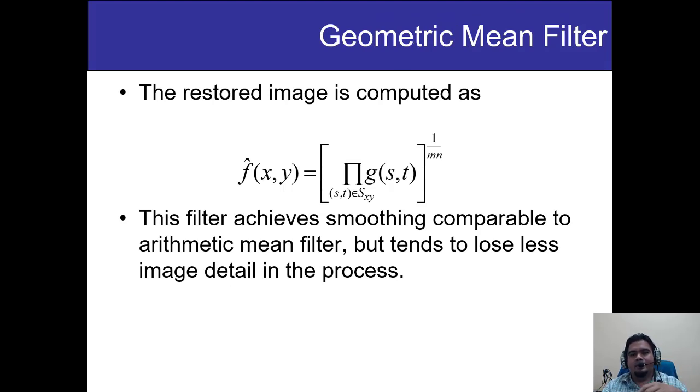This one is a multiplied by b, c, until 9 numbers, 9 items. Once you get the result, you must bracket it to the power of 1/9. That is for the case where you are using a window size of 3x3, when your m and n equal 3.